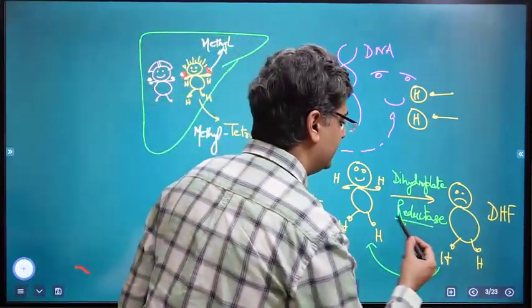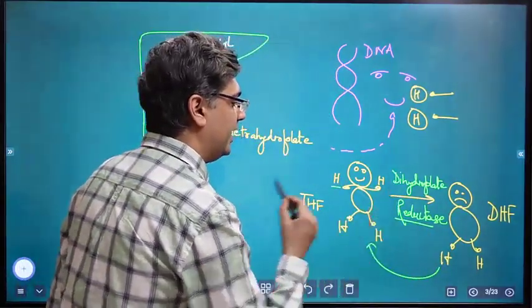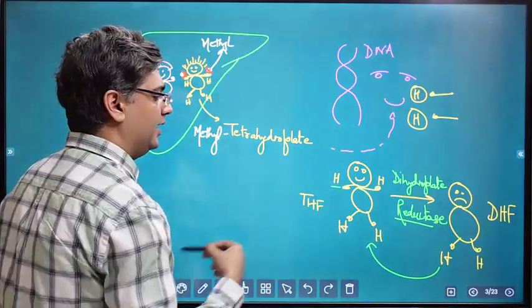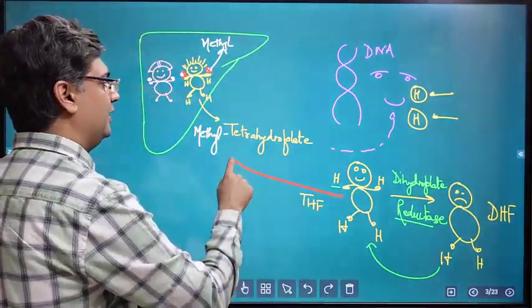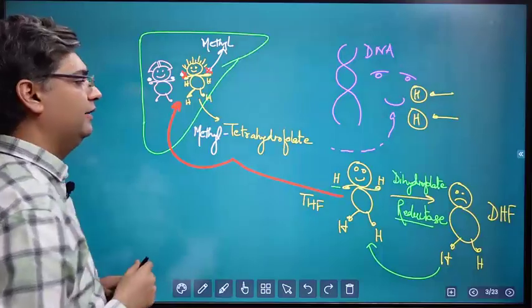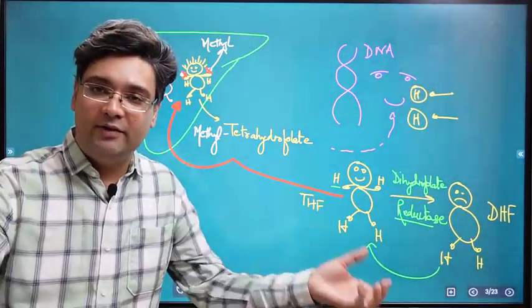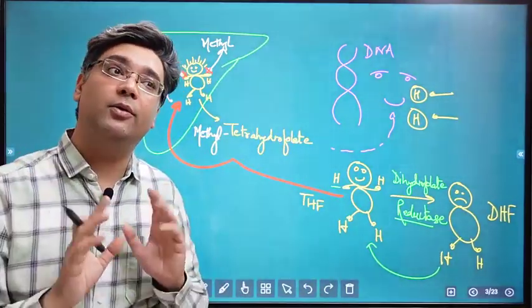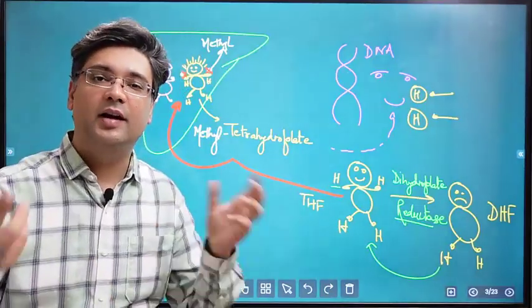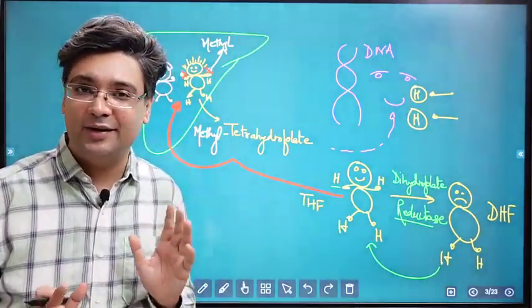It's a reductase, so it will add the 2H back. He is very happy, and now this fellow runs away back into the liver, and into the liver he will take the weights from madam and say, okay, I've come back from the office and you can give me the weights, which are the methyl group.